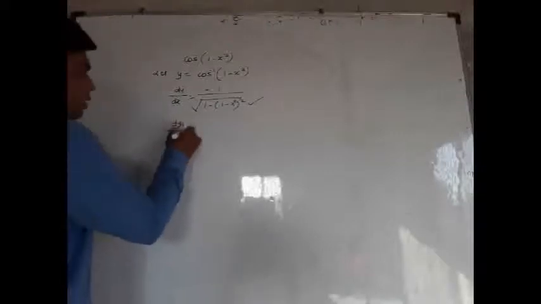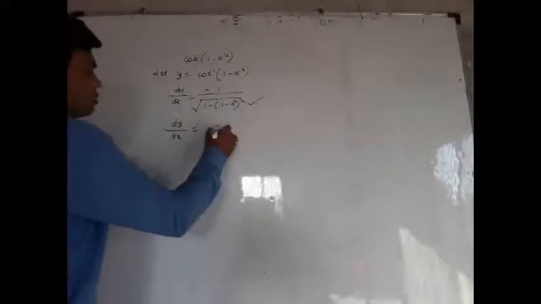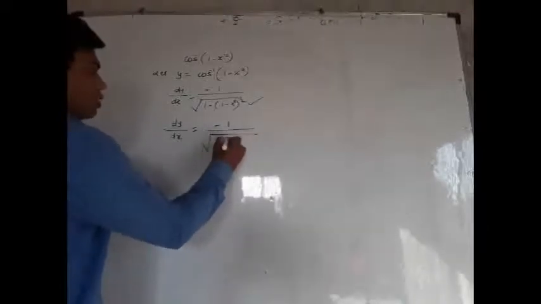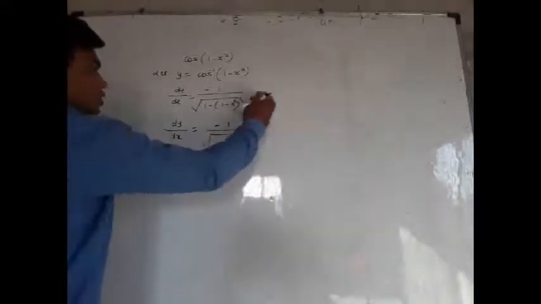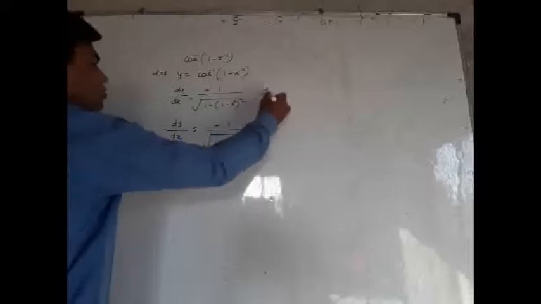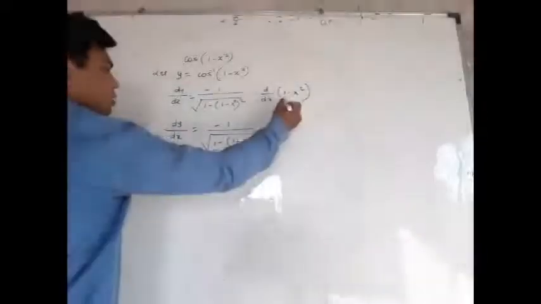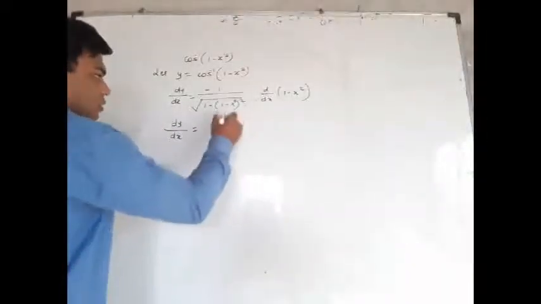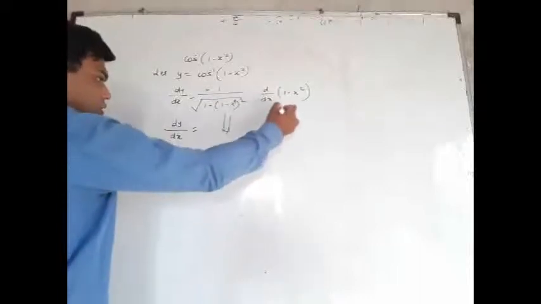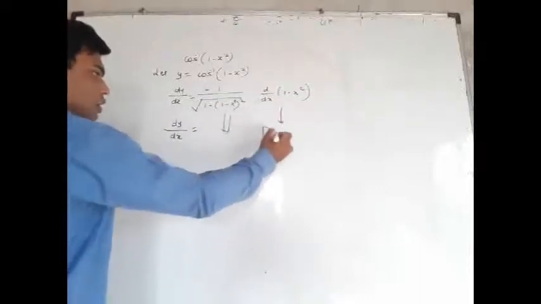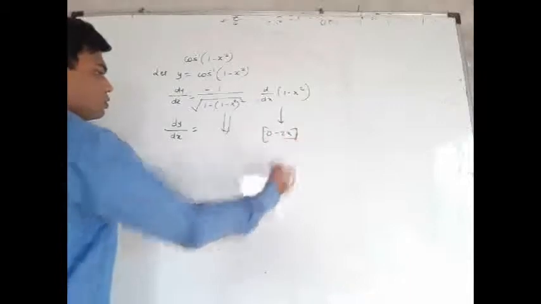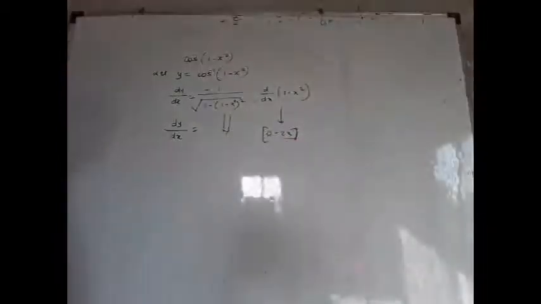So what are we getting? dy by dx is equal to minus 1 upon under root of 1 minus, and you have the chain part, d dx of 1 minus x square. Now next step, we can solve this. And what is the derivative of 1? 0. Of x square is minus 2x. This is simple. Very simple questions these are. You must take care of those things, that what is the exact solution.